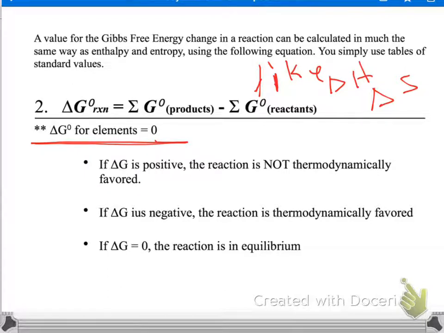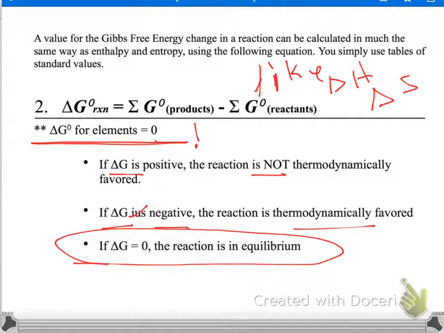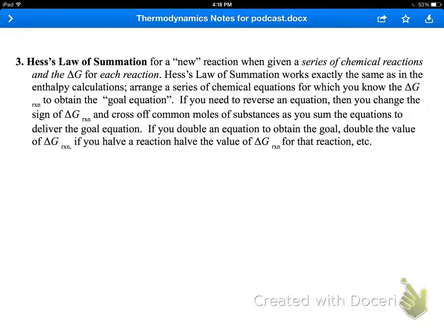So if delta G is positive, the reaction is not thermodynamically favored. If it is negative, it is thermodynamically favored. And if it is 0, it means that you are at thermal equilibrium. Okay? And if you are at equilibrium, your K is also equal to 1. Hopefully you remember that.